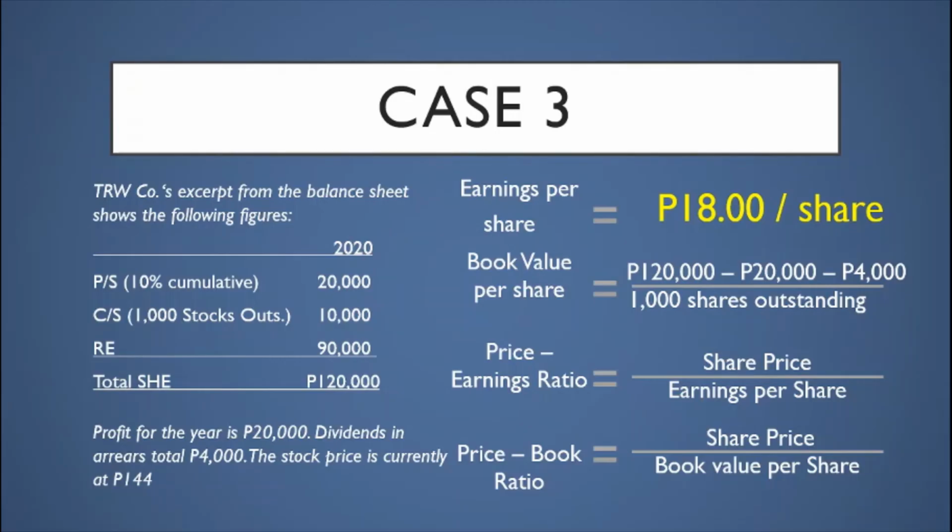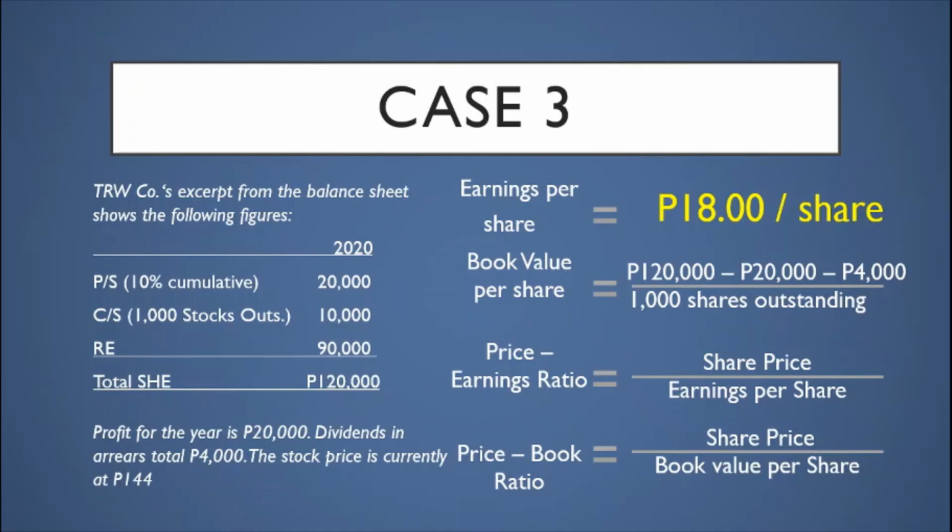These are the dividends that are payable to them but were not yet declared, considering there might be a lack of funds during those prior years. However, considering the preferred shares are cumulative, they should be paid before any distribution will be given to the common stockholders.